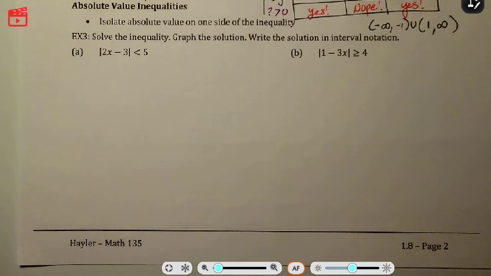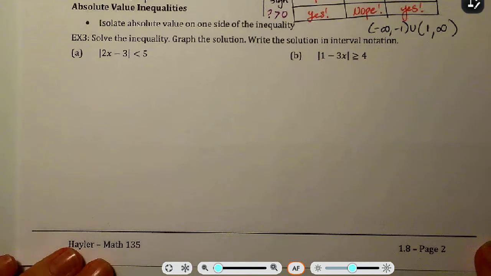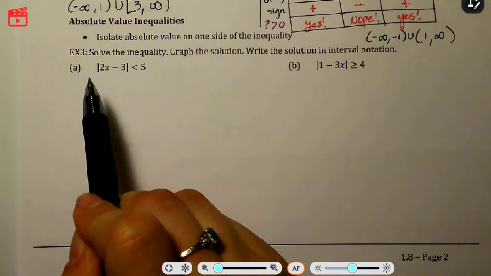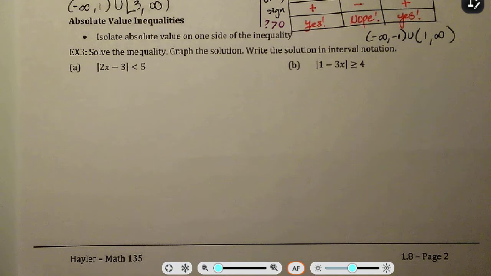Absolute value inequalities. Okay, so we've got double things going on here. We have inequalities and we have absolute values. There are two different absolute value cases that we work with. We work with the AND, or we work with the OR, and we split these up differently.